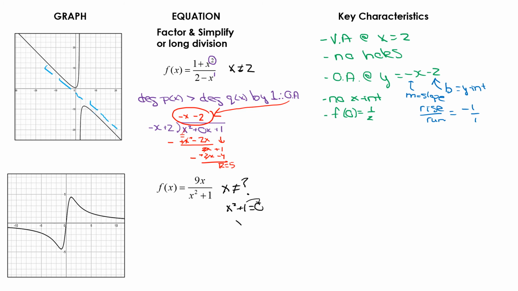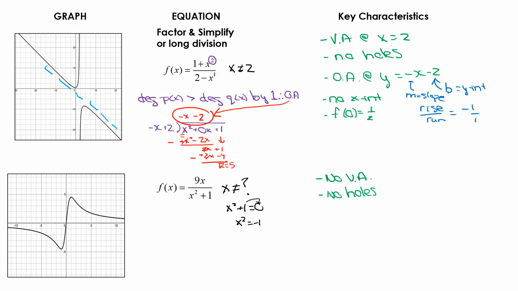Bring the 1 over. When will x squared equal negative 1? That's not going to happen. So we have no vertical asymptotes for this one, because there are no restrictions on the denominator. X can be any real number. We couldn't factor, nothing canceled, so there were no holes.